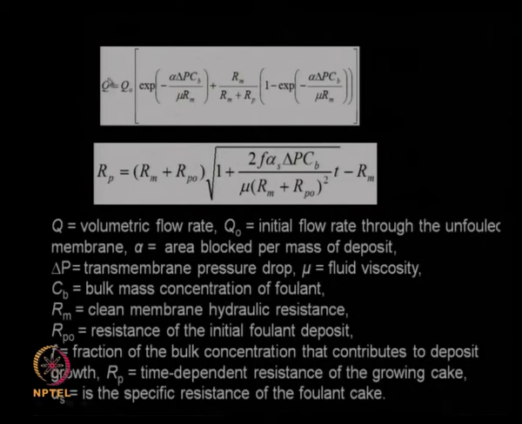So here you have Q, the volumetric flow rate, and Q naught, the initial volumetric flow rate of the unfouled membrane. There are exponential terms coming here, okay.